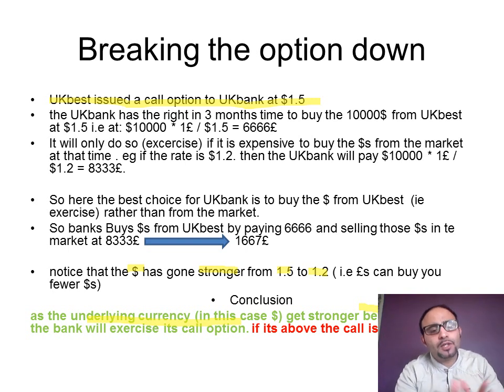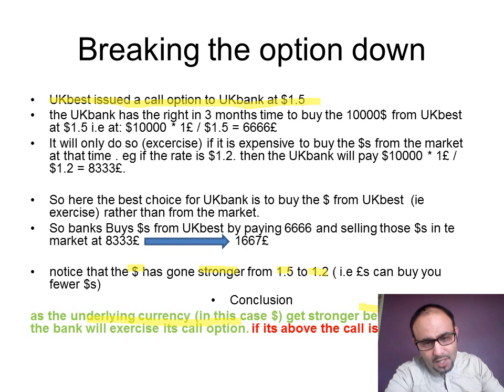Now, it will only do so, that means it will only buy it from UK Best, if it is expensive to buy the dollars from the market at that time. Example, if the rate at that time was $1.2, then the UK Bank will pay £8,333 to get the $10,000. So it is logical now to see that it is a lot cheaper to buy it from UK Best than from the market.